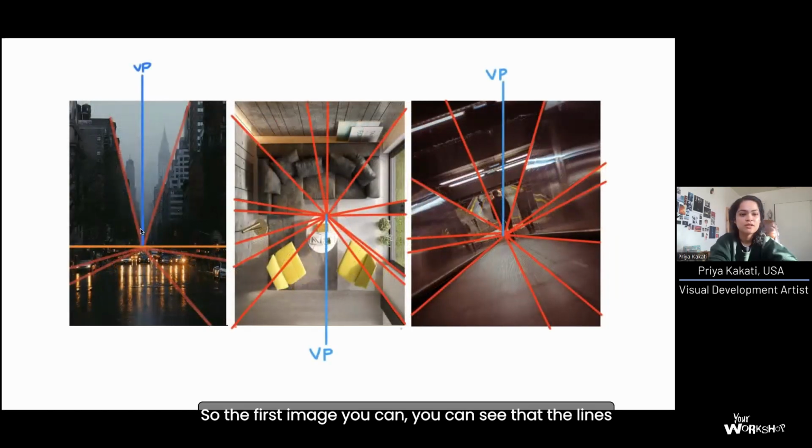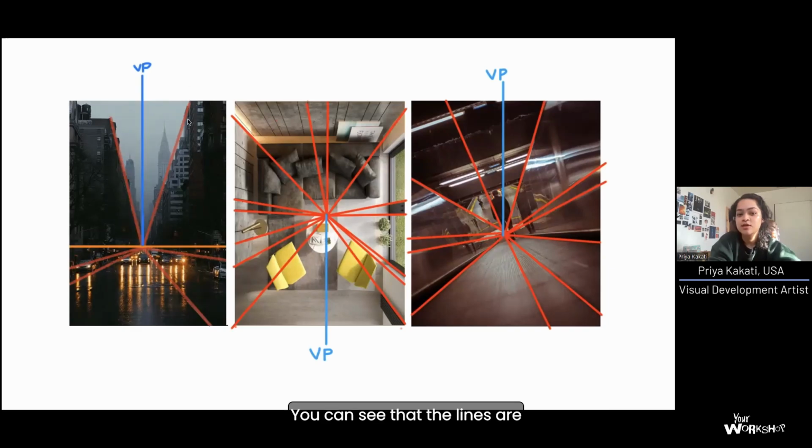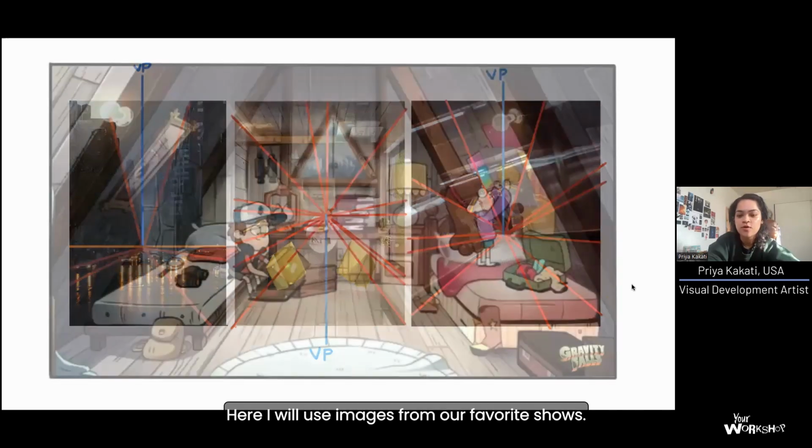In the first image, you can see that the lines on the road can help you find the vanishing point, and the lines of the buildings above the horizon line are converging towards the vanishing point. As for the room, the lines help you find the vanishing point, which is slightly by the table over here, the white table. And for this one too, you can see that there are lines that help you find the vanishing point as well.